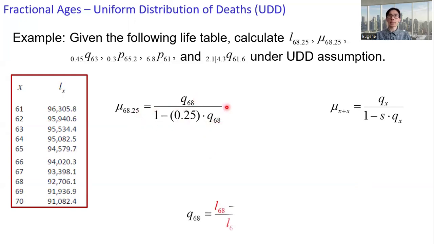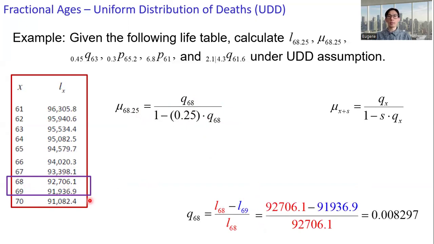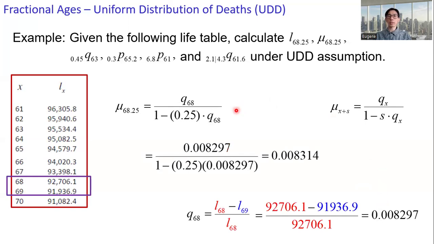To get q68, which is L68 minus L69, which is d68 over L68. Again, from the life table, we get L68 and L69 respectively. So we have q68 is 0.008297. Put it back into the expression for the force of mortality at this age, and we get mu 68.25 is 0.008314.